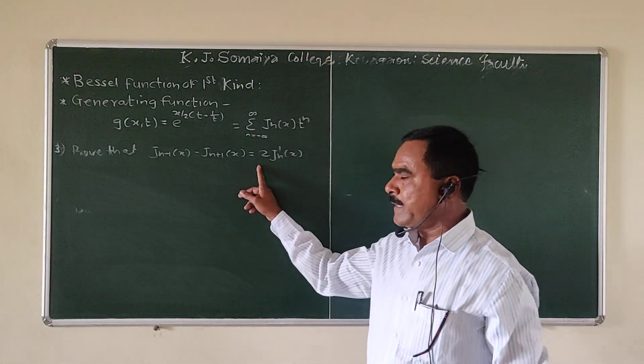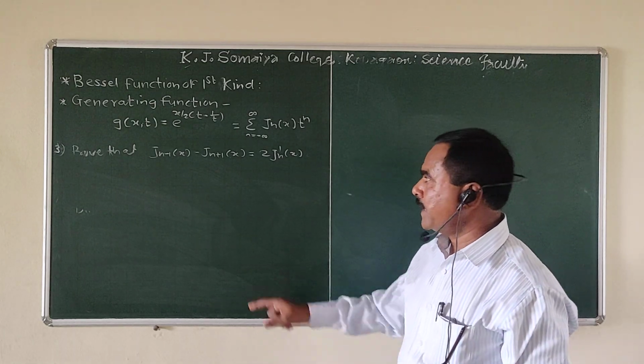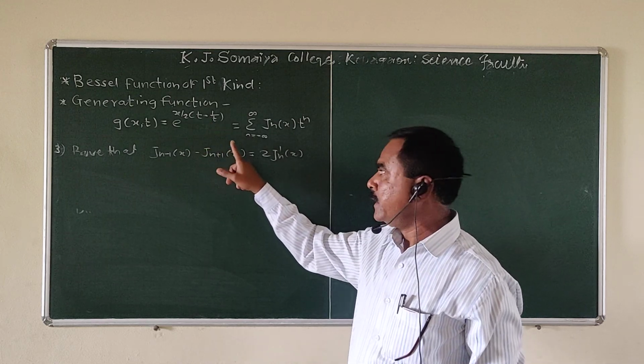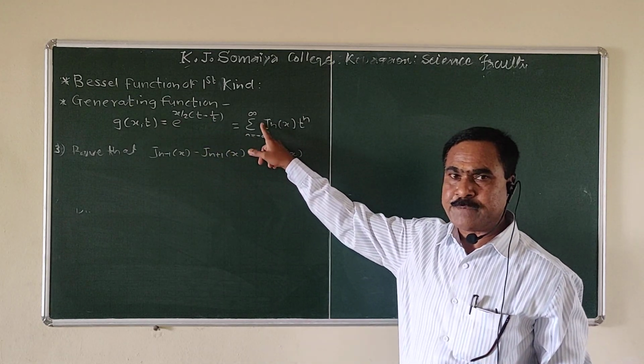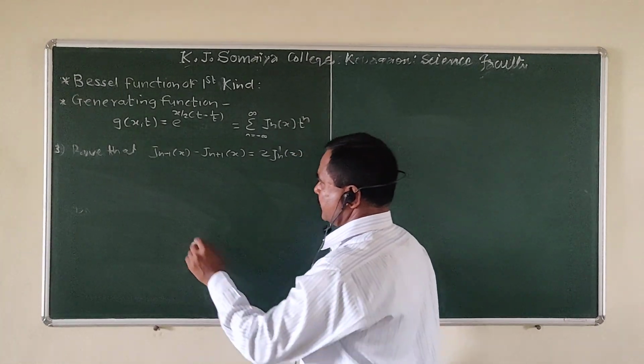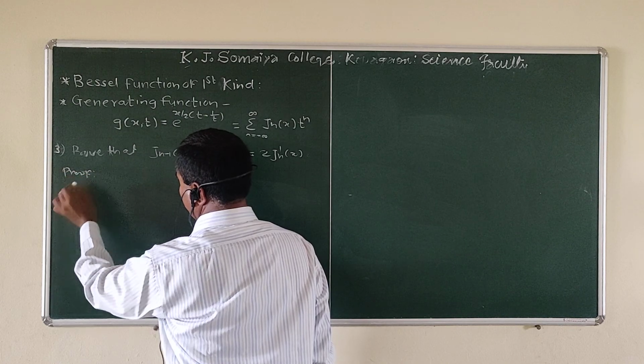we prove this property. Again we consider the generating function e raised to x by 2 in bracket (t minus 1 by t) equal to summation n from minus infinity to plus infinity Jn of x t raised to n. We consider the proof.